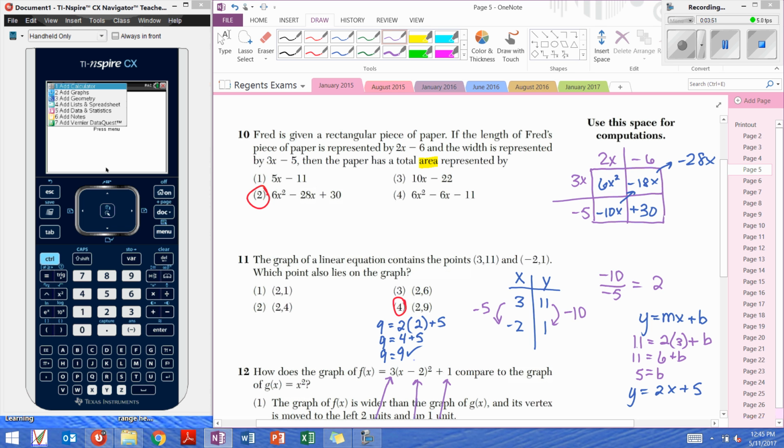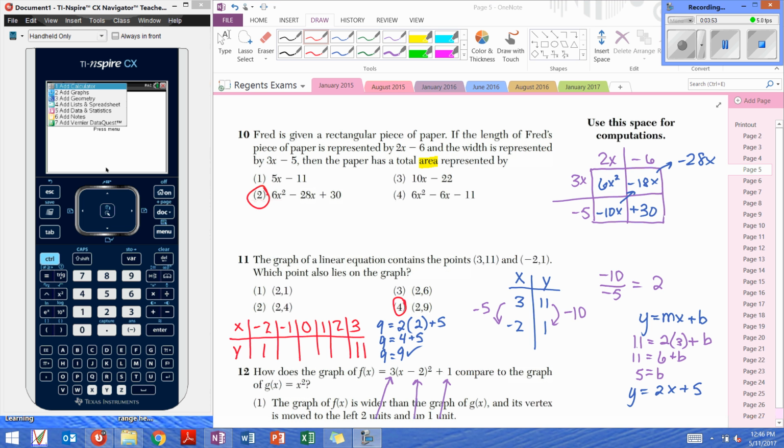So let's talk about a few other strategies. Okay, so here's a table, and I went from my lowest x value, so -2, 1. I listed all the other points in there because if you notice your answer choices, all are dealing with the point 2 comma something.